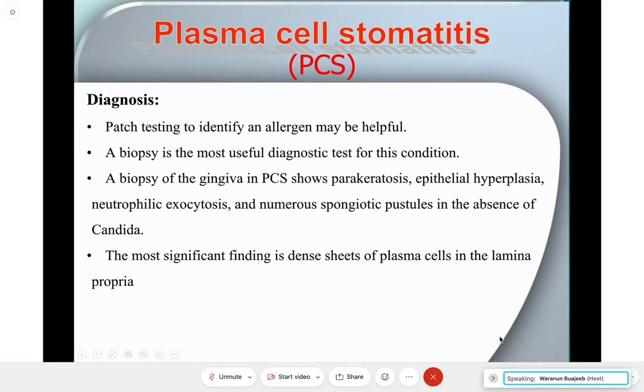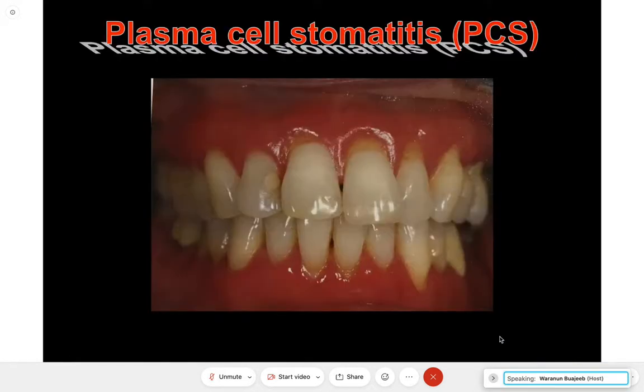This is the significant finding for diagnosis of plasma cell gingivitis. If you can identify the cause, once the patient stops exposure to the ingredient, the lesion will disappear. In this case, it also seems to be a kind of herbal ingredient that the patient was exposed to, and when they stopped using it, the lesion disappeared.